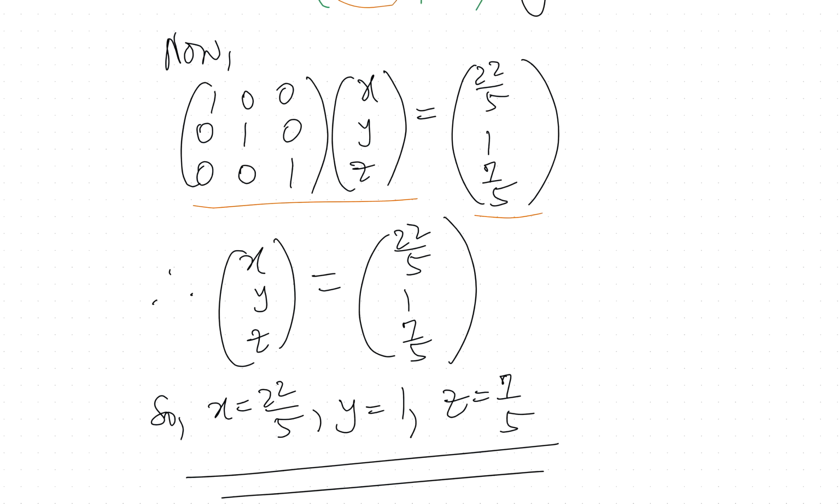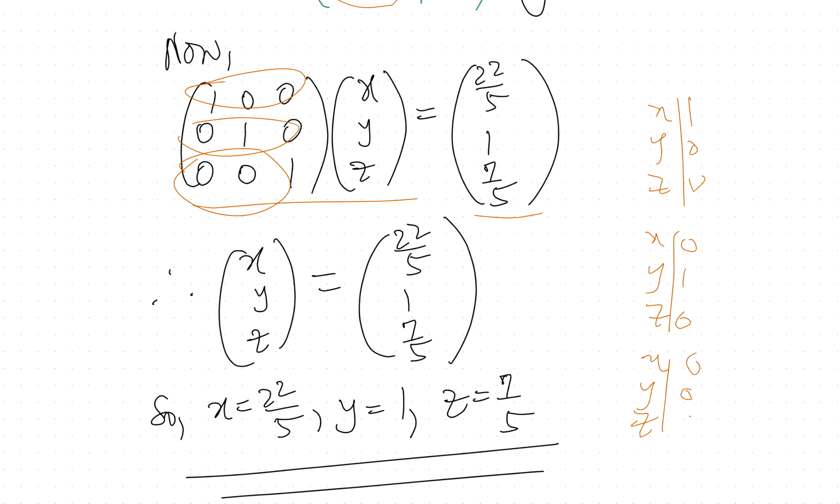If you try it, for the first row, you get 1, 0, 0. For the second row, 0, 1, 0. For the third row, 0, 0, 1.